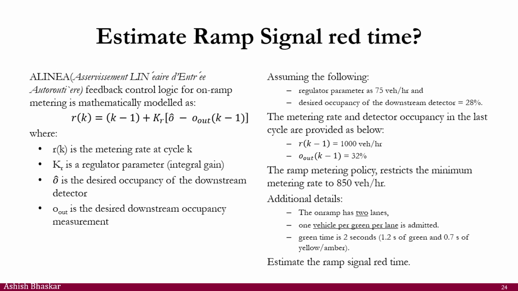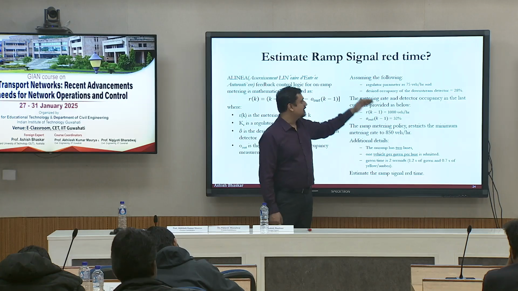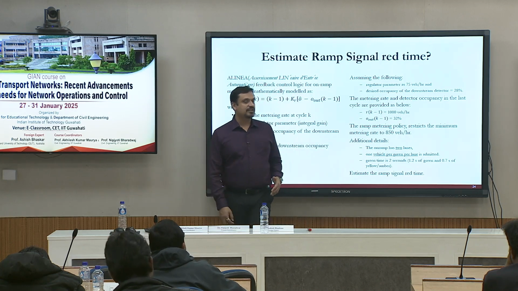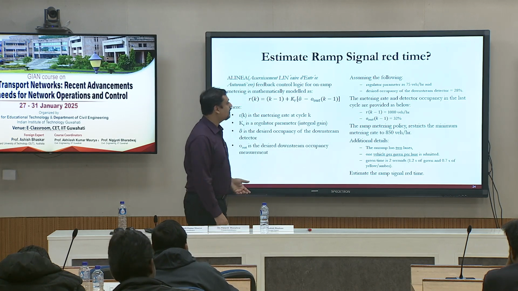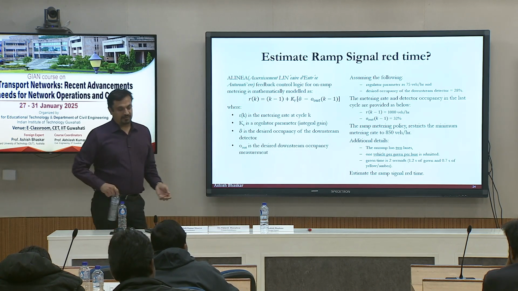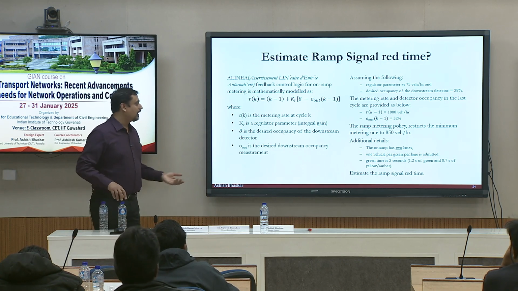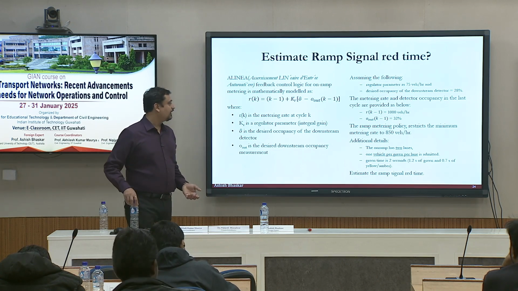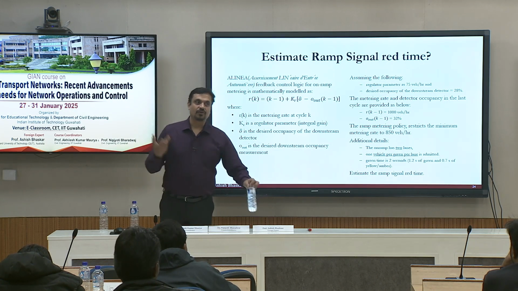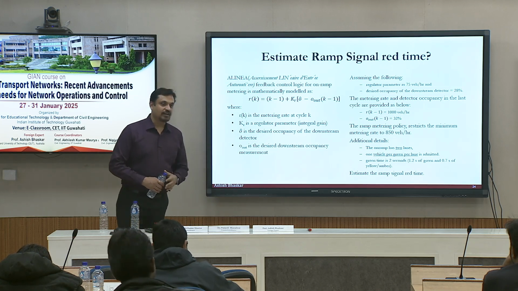So currently we have 1000 vehicles per hour in this current time interval. 28 is our desired occupancy. 32 is what I am observing. 75 vehicles per hour is the regulatory parameter. And again, one vehicle per green per lane is actually admitted. Find your cycle time or the green or the red time.